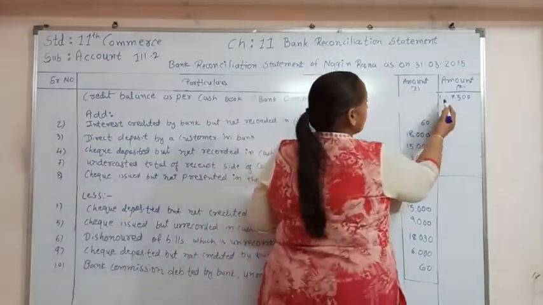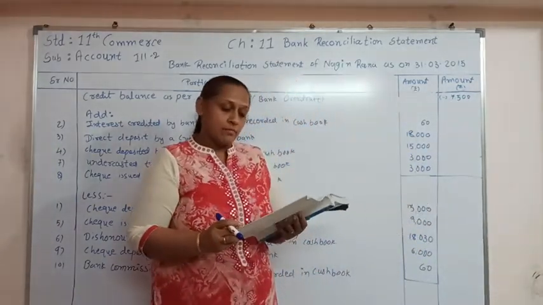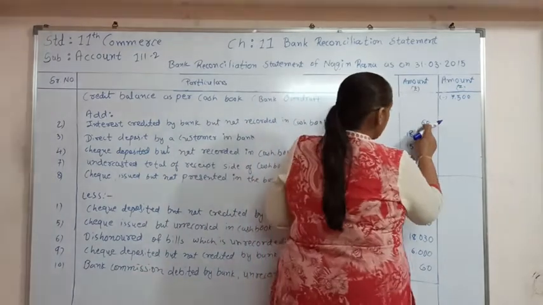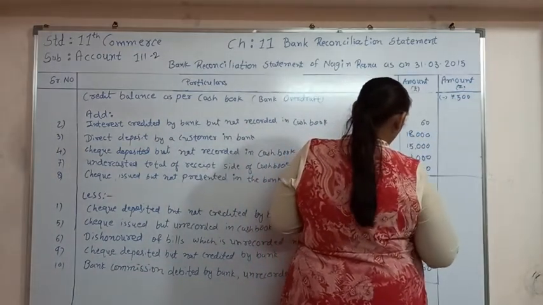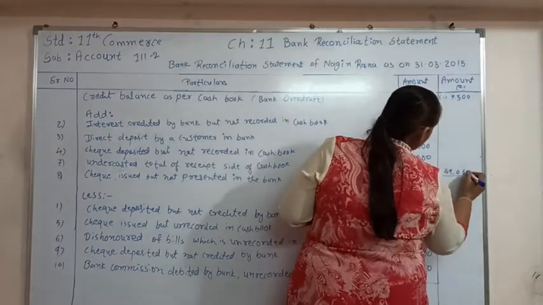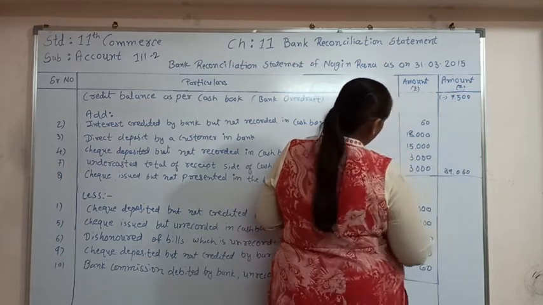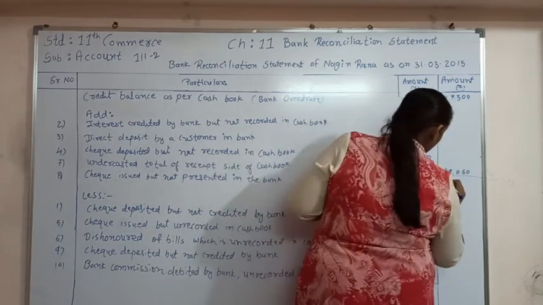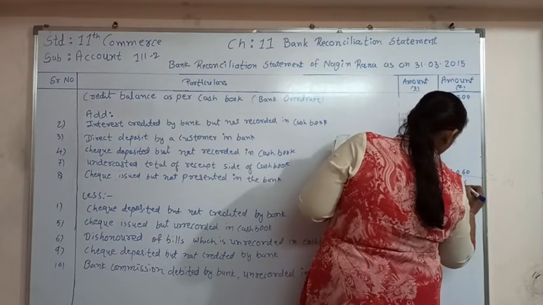keep in mind that this is the minus amount and we have to deduct the same. So here the total of 60, 18,000, 15,000, 3,000, 3,000. So the total of this will be 39,060. If from 39,060 we deduct 7,500, that will be 31,560.